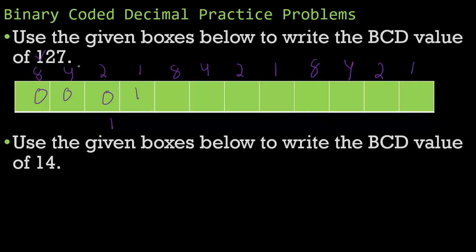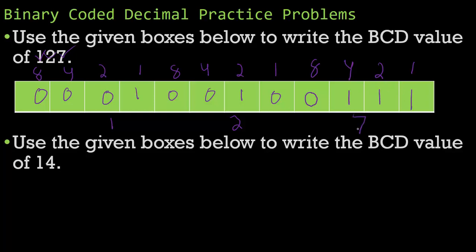Now I'm looking for 2. Not a problem. Here's my 2, which means the rest of these would be 0. And then my third set, I'm looking for a 7. Okay. Can I use 8 to get 7? Nope. That is a 0. Can I use a 4? I sure can. Now I'm at 4. Can I use a 2 to help me get the rest of the way to 7? Yes, I can. 4 plus 2 is 6. Plus 1 is 7.